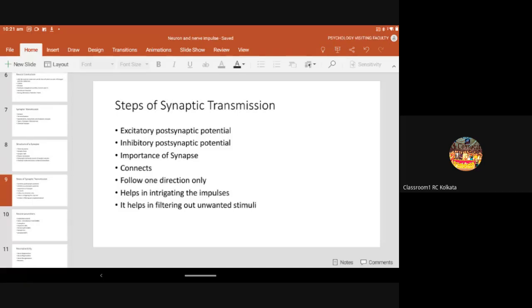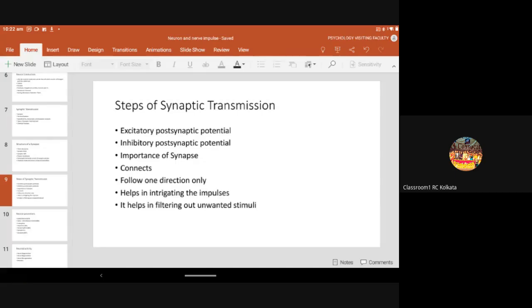Now these are the steps of synaptic transmission, like the excitatory postsynaptic potential, inhibitory postsynaptic potential, and the importance of synapse, how it is important, and it connects one neuron with the other, and it maintains a fixed direction or a fixed line, and it helps in integrating the impulses.